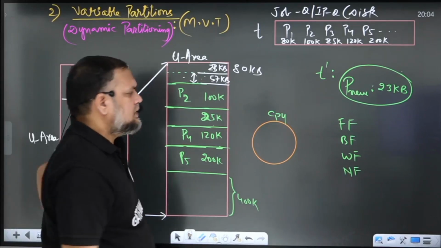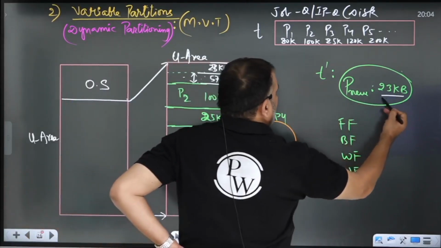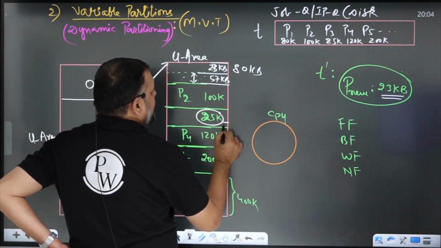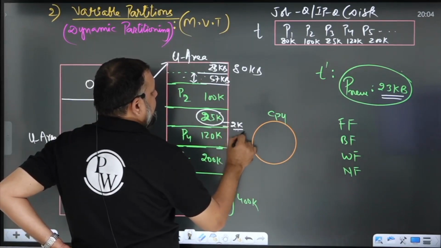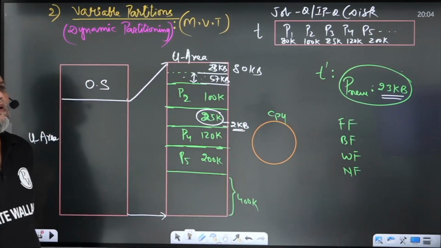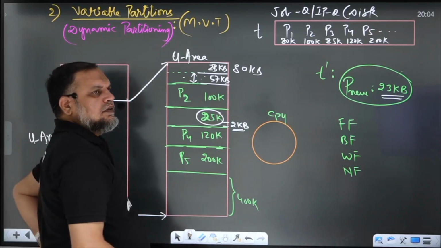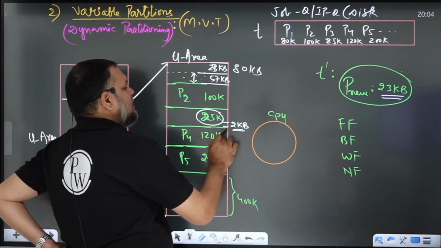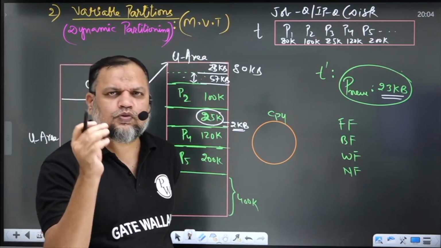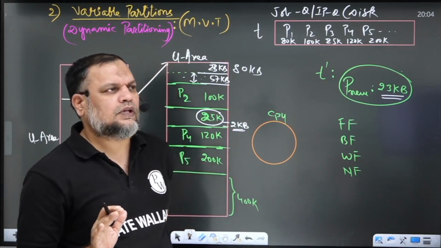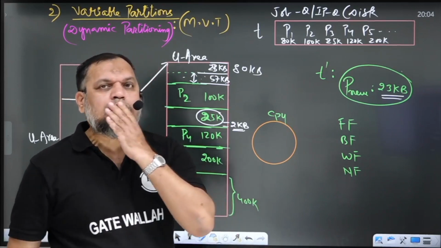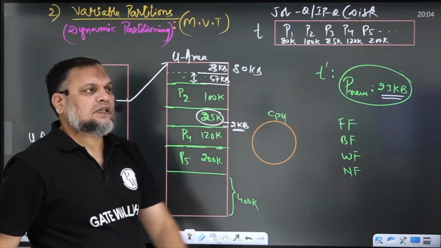Take this 23 KB. If I want to place it using best fit, it will get placed in 25K, leaving a new small free hole of just 2 KB. If 2 KB is too small to accommodate a new process, it will always go waste as external fragmentation.